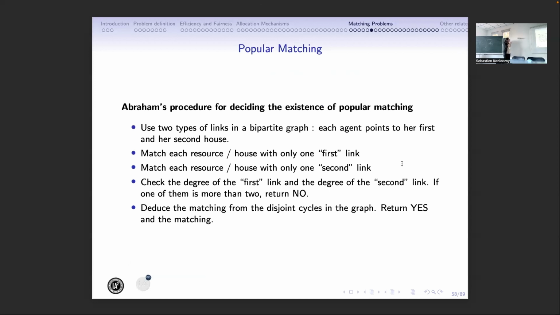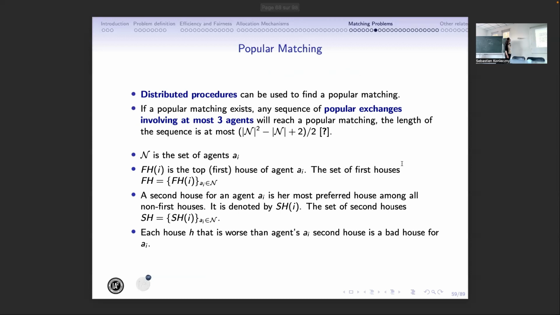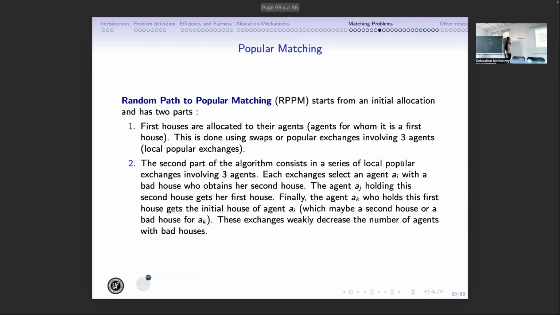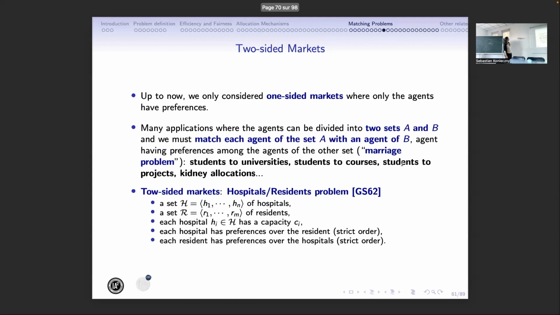So I will not describe the algorithm to compute a popular matching, and I will go to the last part. One popular matching exists. Is it a unique one? No, you can have a different popular matching with a different worst case rank.